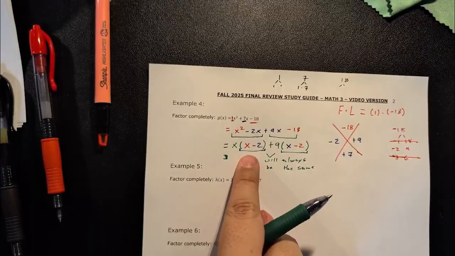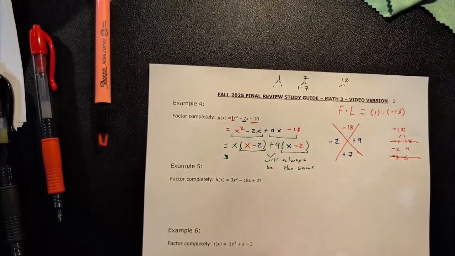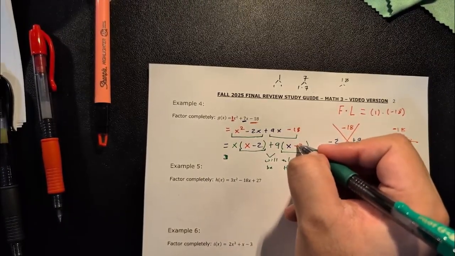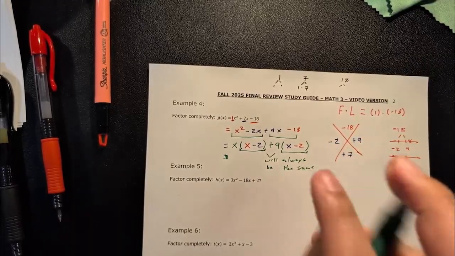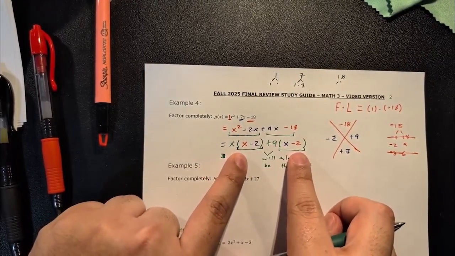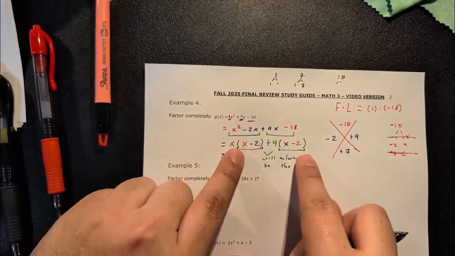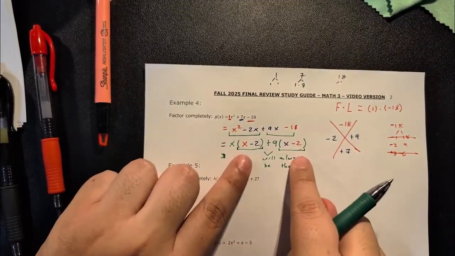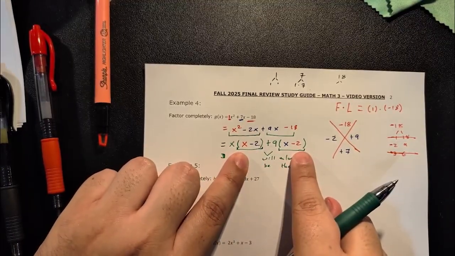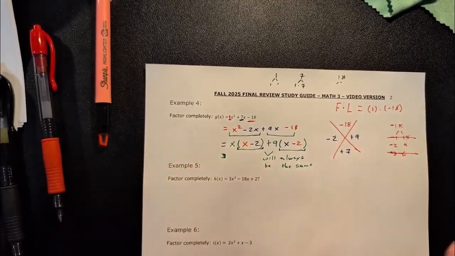If it turns out you have something like a positive 2 over here, now they're not the same. So we did something wrong over here, or maybe we did something wrong over here. The point is, if these are not the same, we did something wrong, so double check your work.